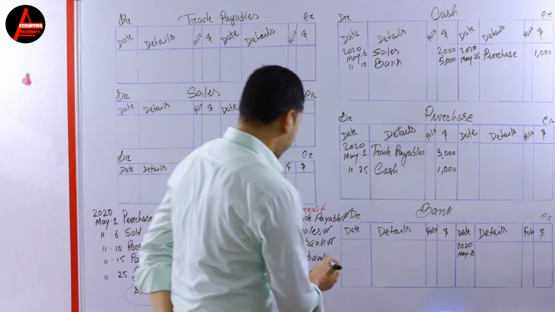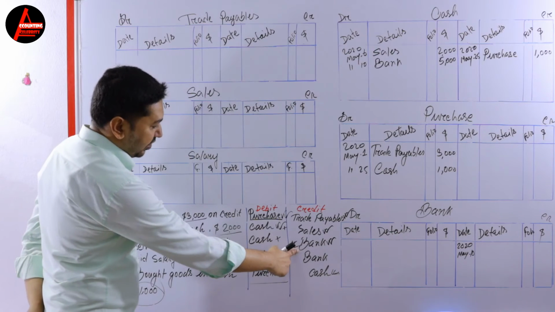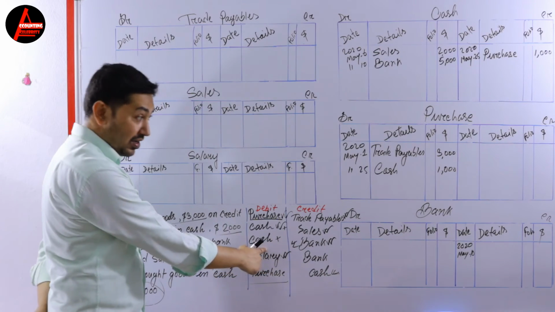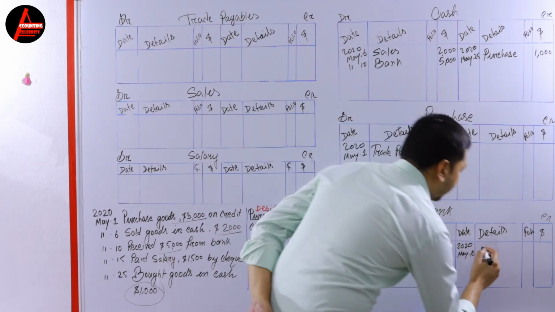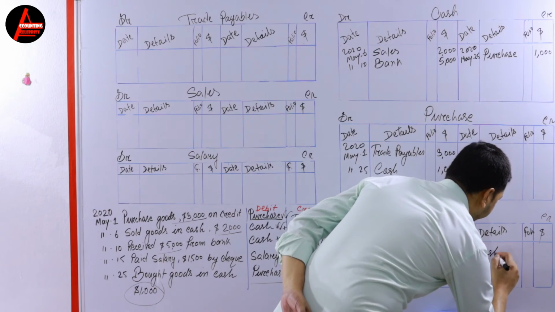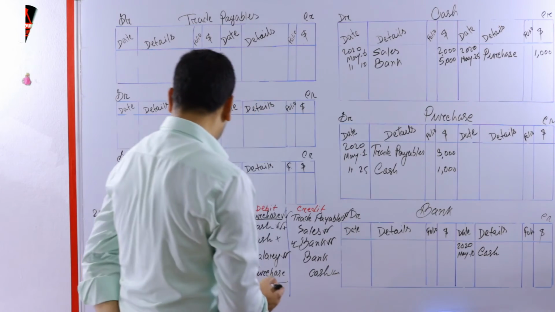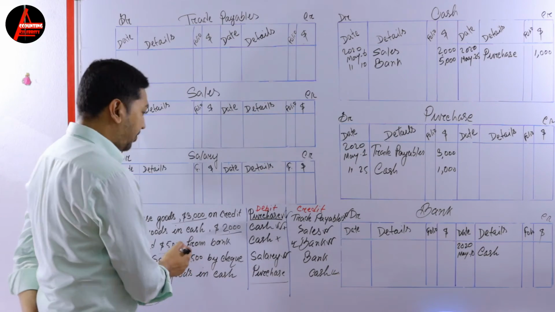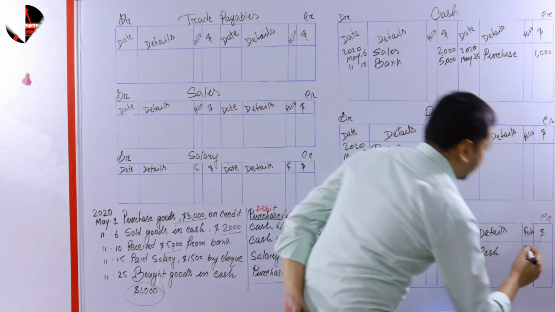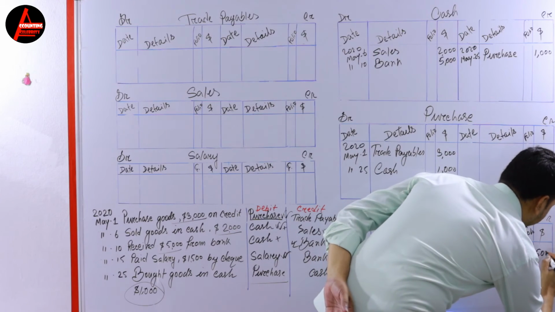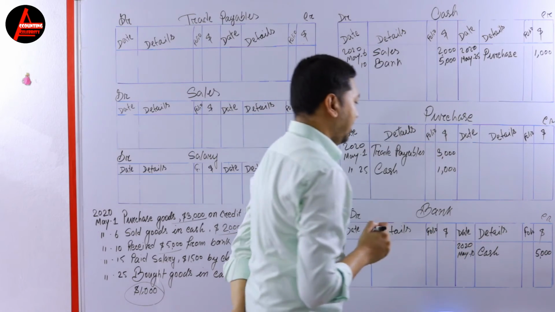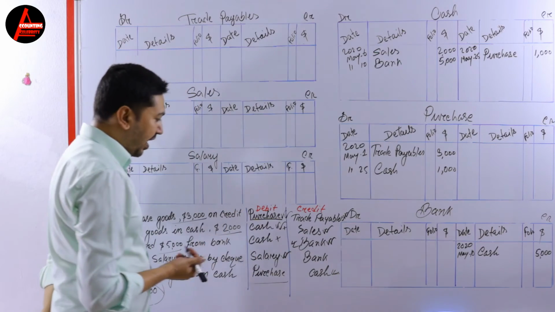Here, what is your opposite account? Your opposite account is cash. So right here, cash. What is the value? Your value is here $5,000. So you write here $5,000.